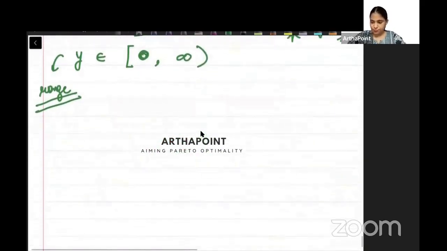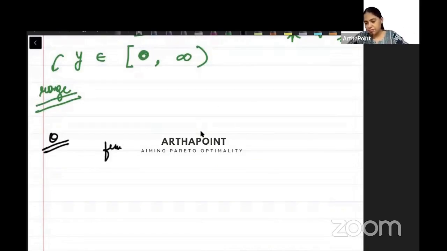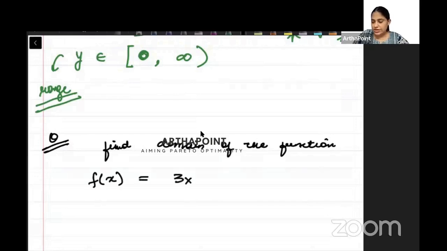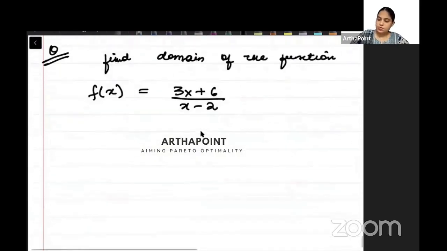Now let us try to take one more question here. Beta, another question I am taking just to help you. Find the domain of the function f(x) is equal to (3x plus 6) upon (x minus 2).